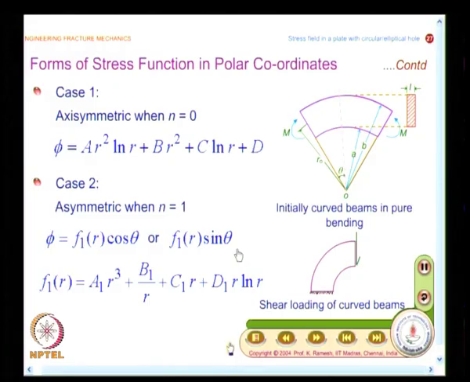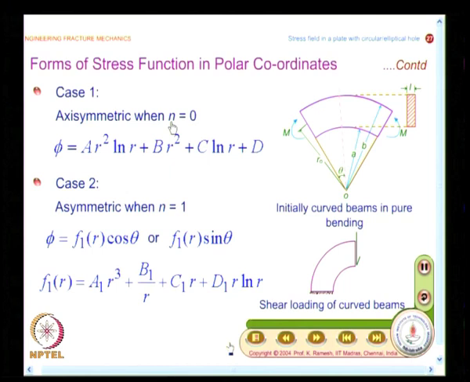These are all problems that we come across. You cannot avoid them in actual engineering practice, and some of these solutions we have been using all along, and actually it comes from theory of elasticity analysis.